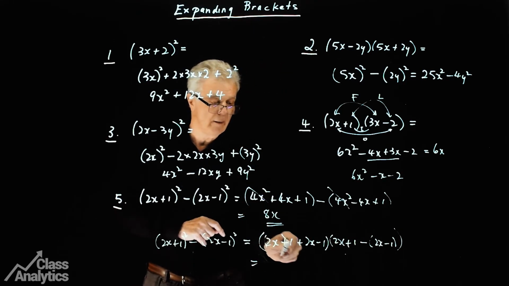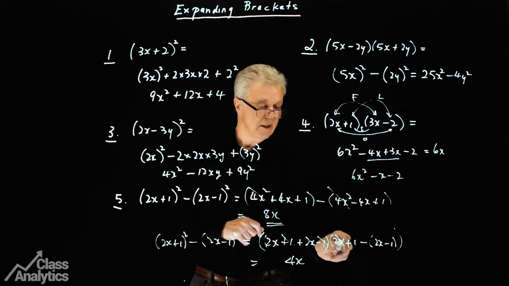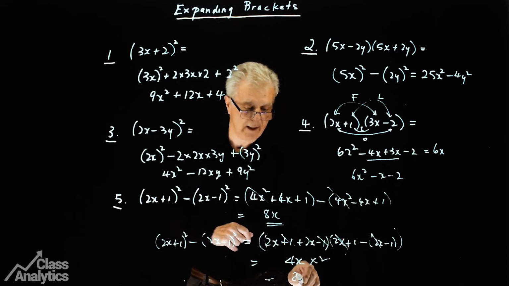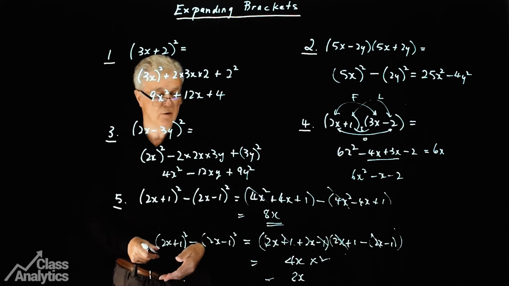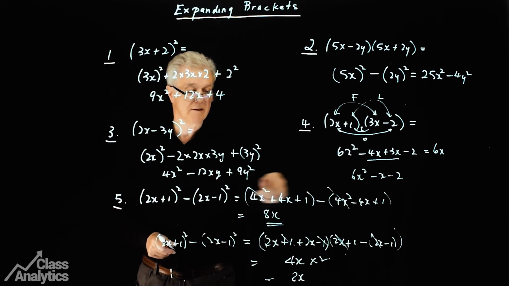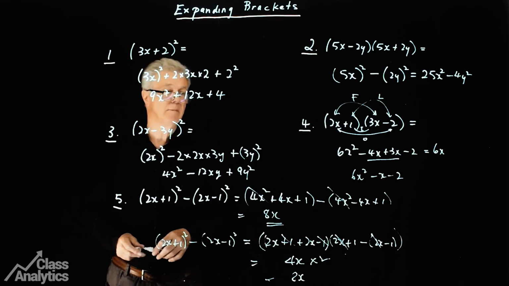Now these guys go out, you're going to get 4x, and what happens here, notice these guys go out, and you just get 2, and you get the same result, which is 8x. So it's, of course, which you think is faster. You might prefer this technique because it's probably a little safer. Okay, well that's done.